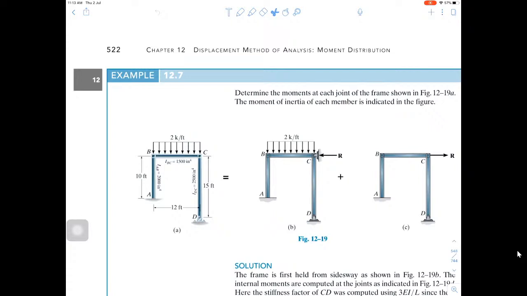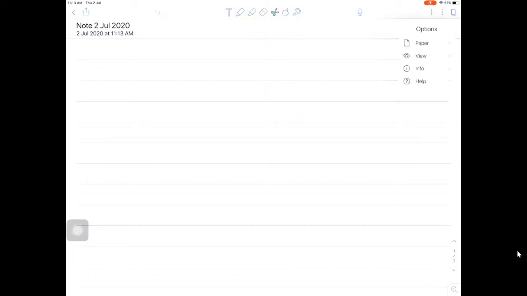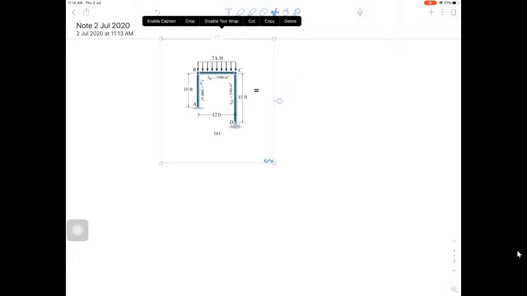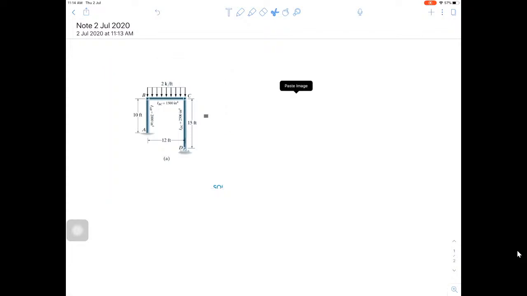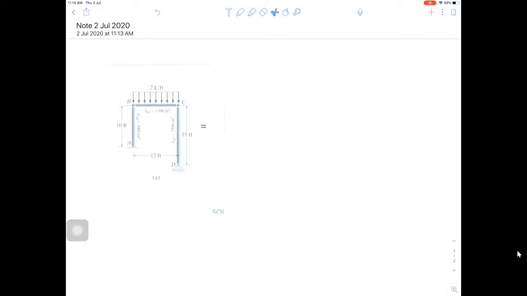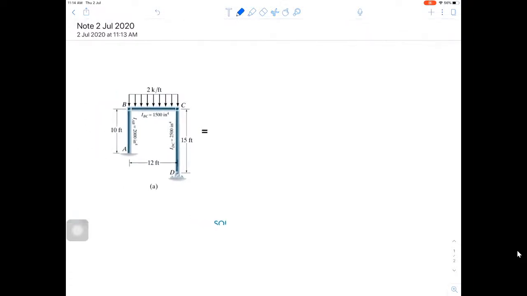Copy this first. I want to use 200. It's too big. 20 kilonewton per meter.